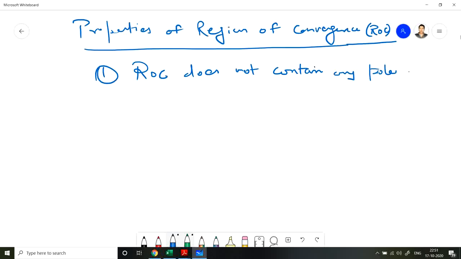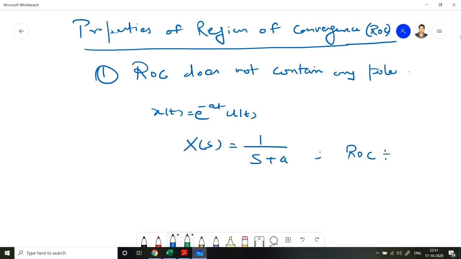So basically let us take an example. x(t) is equal to e raised to the power minus at into u(t). So the Laplace transform of this signal is 1 divided by s plus a. And what is the ROC? So the ROC is real part of s greater than minus a. So this is our ROC.